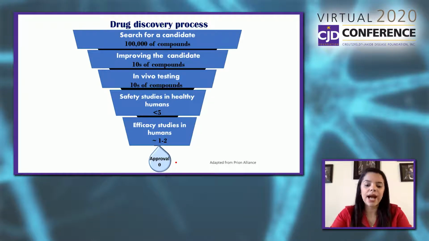So this highlights the difficulty of translating the results we get in vitro to in vivo in animals, and then from in vivo to humans. Another important thing here is that if we are able to use human prion strains in early stages of research, this can increase our chances to find a drug that will work in the end in humans.